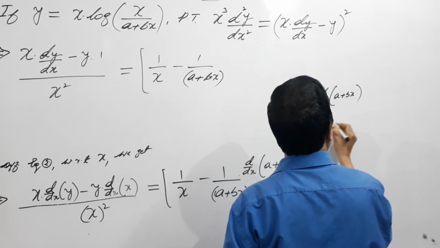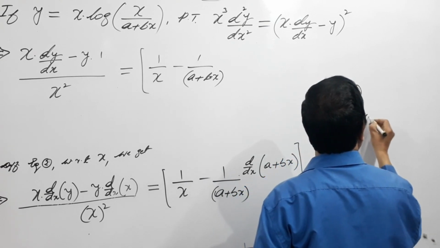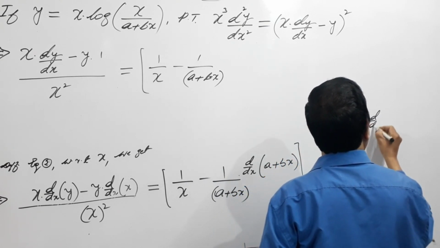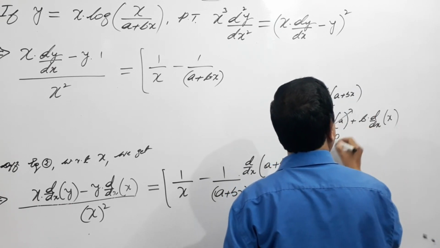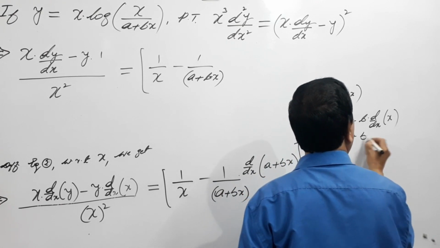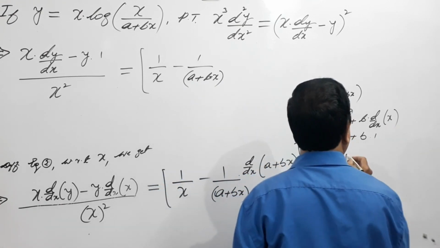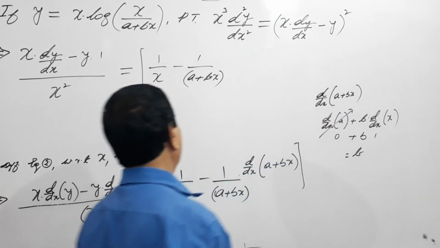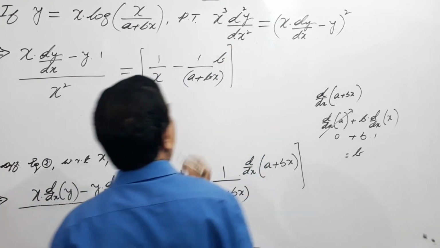Here d by dx of a is 0, and b I keep outside, d by dx of x is 1, so we get only b.